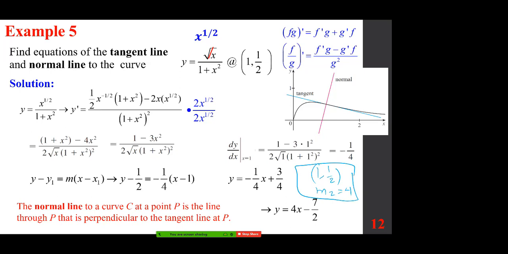Y minus 1/2, let's just write it. Equals 4 times x minus 1, and that's how we arrive at the equation of a normal line, everybody.